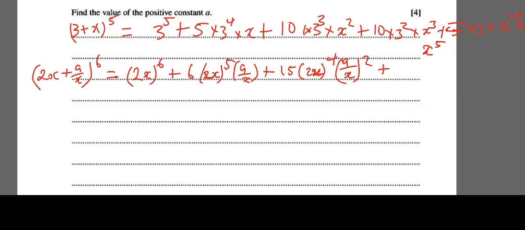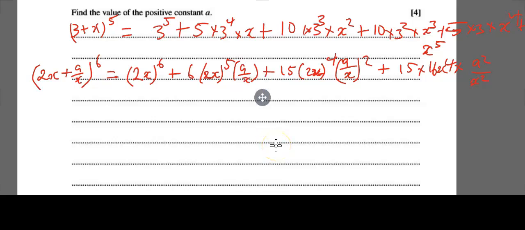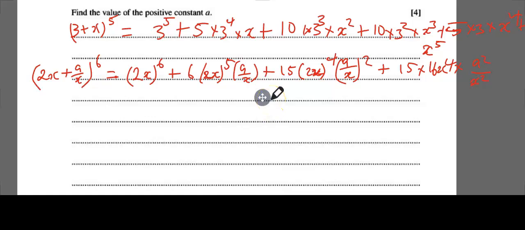Plus, now we can have 15 times 16 x power 4. Multiply this by a squared divided by x squared. So if you observe what has happened here, we have 15 multiply, so this is 15.